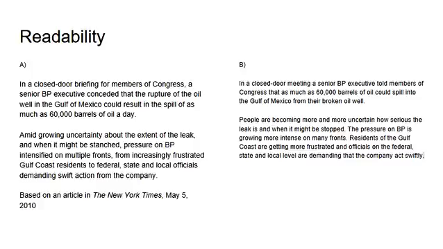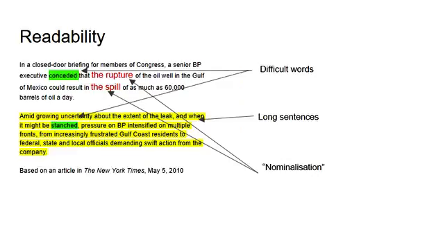And if we look closely at text A, we can point to some features that make it more difficult to understand. For example, in text A, they use a lot more difficult words. Highlighted in green, for example, you see the words conceded and stanched. These are not words you would use in everyday language, and perhaps you'd even have to look them up in a dictionary to understand the meaning of the words.